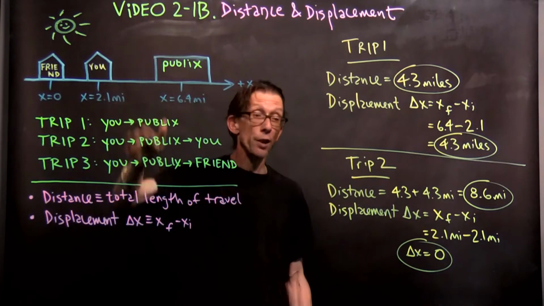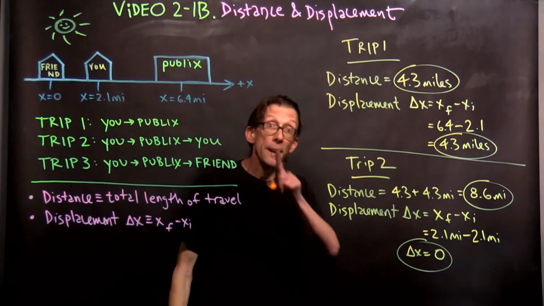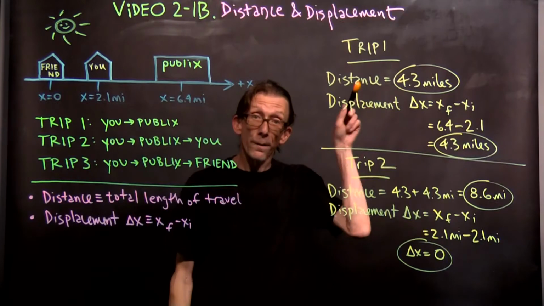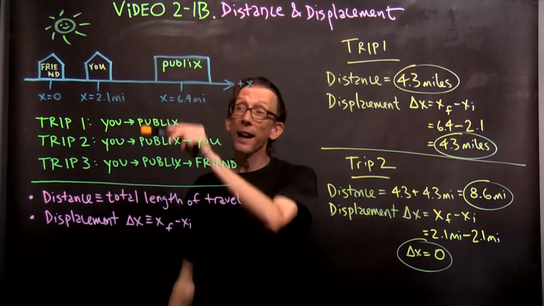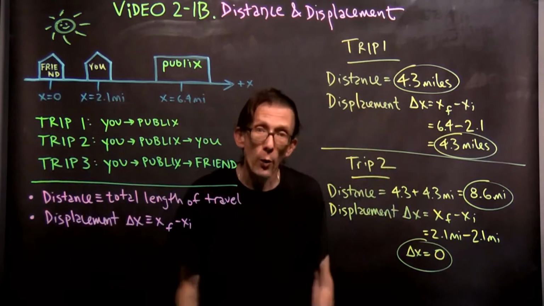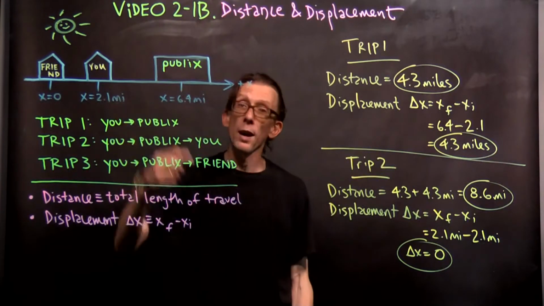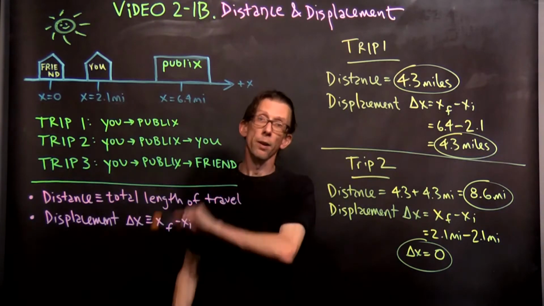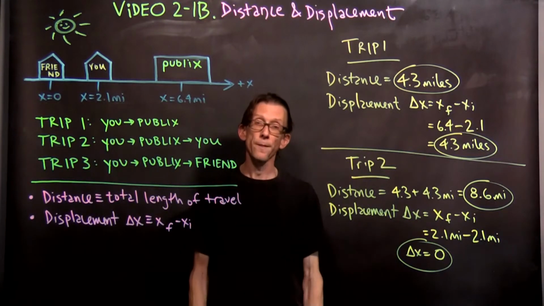You ended where you started. Your displacement is 0. In fact, you could have started at your house and gone and gotten on a Saturn V rocket and gone around the moon and come back to your house. No matter where you go in the cosmos, if you get back to your house, your total displacement for the whole trip is 0 because you ended where you started. That's how displacement is defined.